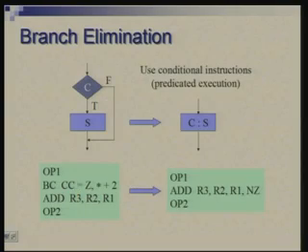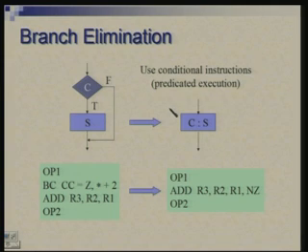So, here is a small illustration of branch elimination. Suppose you are testing some condition, and if the condition is true, you want to do one step or one instruction, and if the condition is false, you want to skip that. So, it is a very small if or conditional structure. There may be one instruction or two instructions, not too many. These can be replaced by what is called a conditional instruction or predicated instruction.